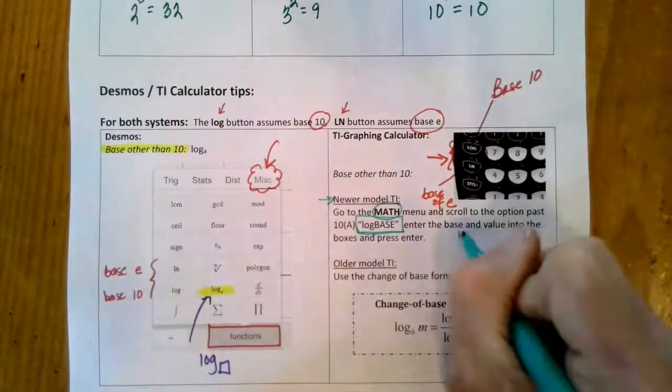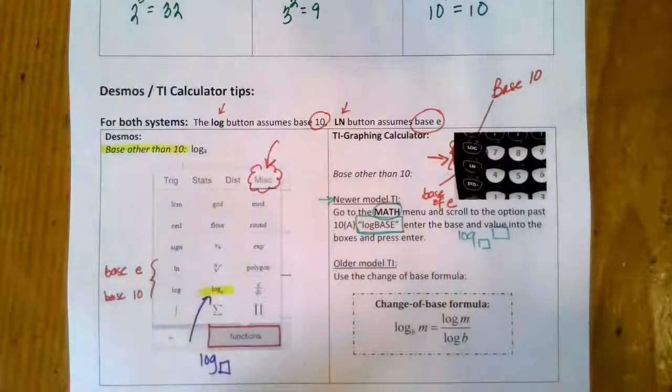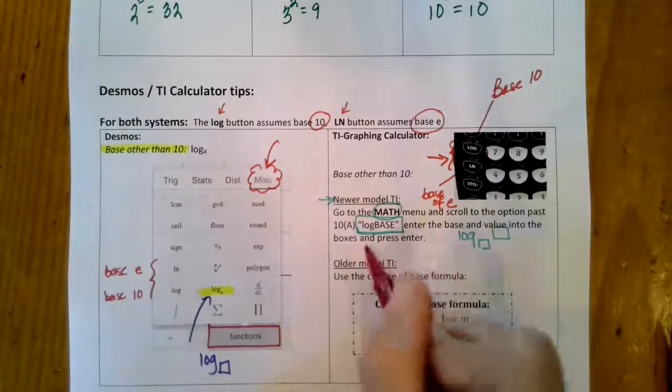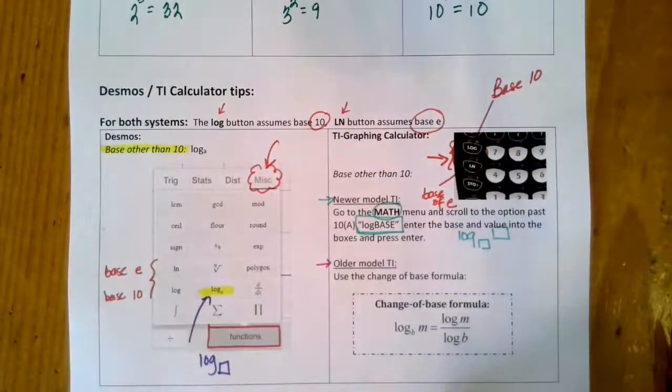And that, again, is going to give you a code where you enter in what it is that you're looking for with the base and the value. If you have a model of the TI that is older, then it doesn't have this. When you go to Math and you scroll down, you're not going to see it.